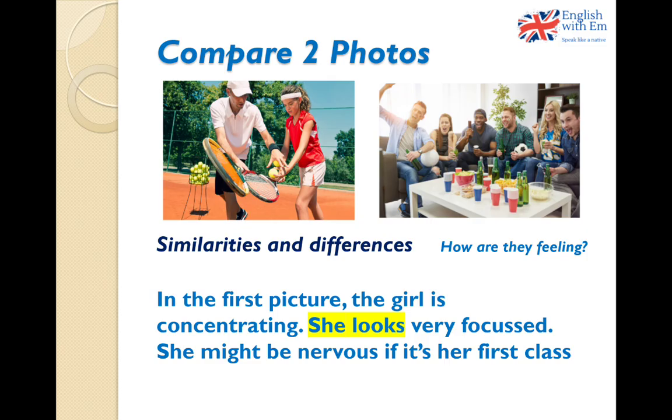She looks focused. She appears focused. Okay. And she might be nervous if it's her first class. So another modal verb of deduction here. Might be is used when we think something is possible.